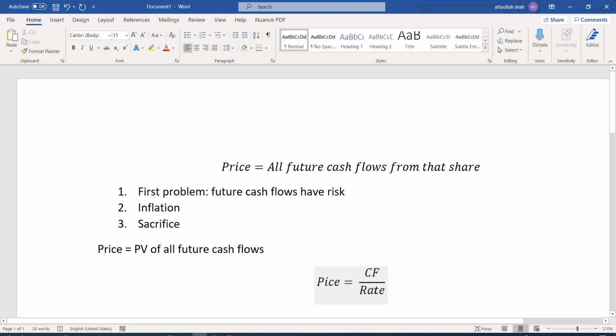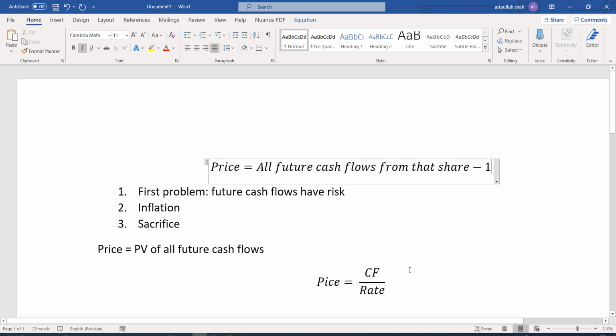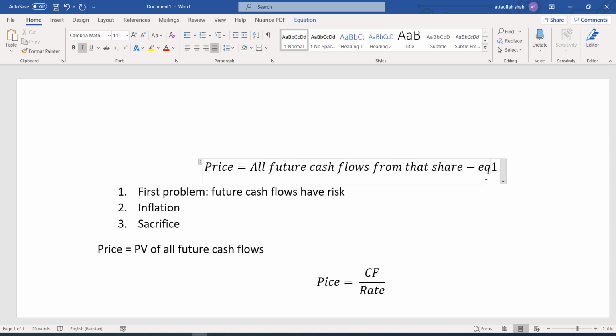So the rate becomes higher if there is more risk, the rate becomes higher if there is more inflation, and the rate becomes higher if there is more sacrifice, meaning if we have to wait for 3 years or 4 years or 5 years. So we have modified equation number 1 like this. We call it equation number 2. Okay.